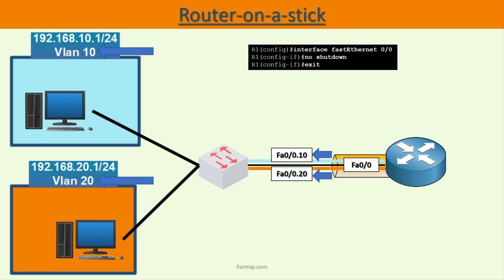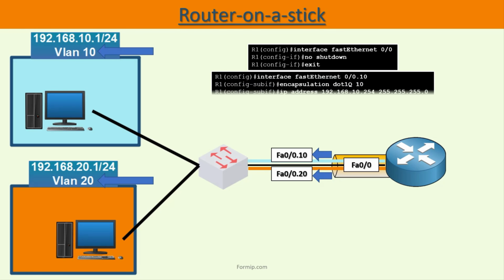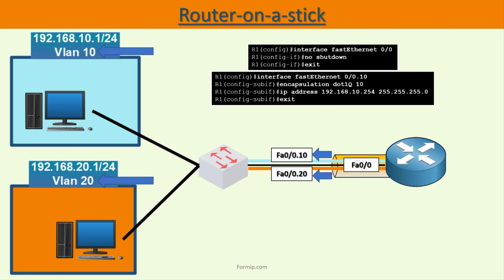We'll start by bringing up the physical interface 0/0 of the router with a no shut. Then we will go into the configuration mode of the sub-interface 0/0.10. The encapsulation dot1q command plus the number of the VLAN is very important because it tells the router which VLAN belongs to this interface.